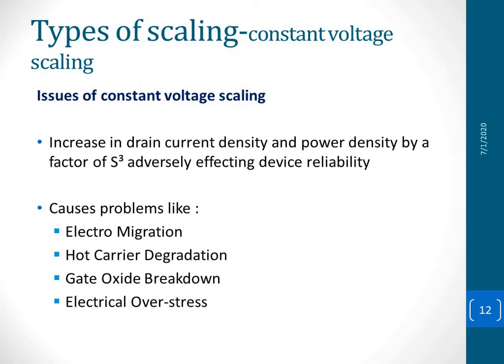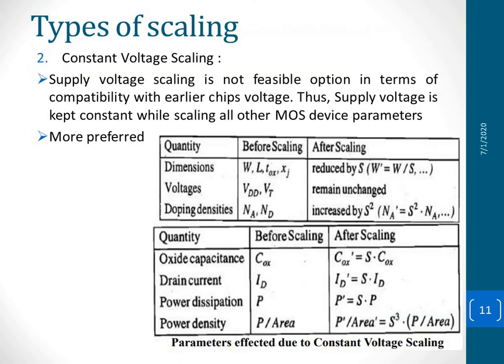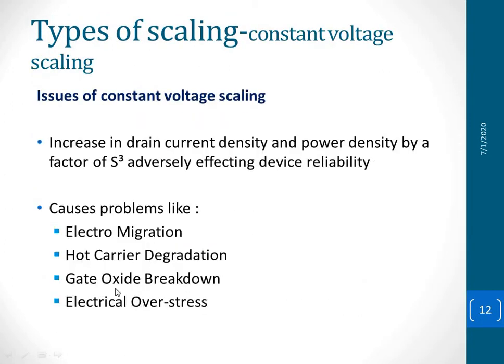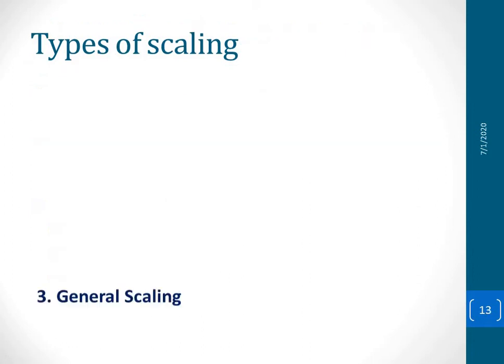These are the problems which can be caused through constant voltage scaling, because in the previous case it is divided, here it is multiplied. That means the problems caused are electromigration, hot carrier, gate oxide breakdown, and electrical overstress.